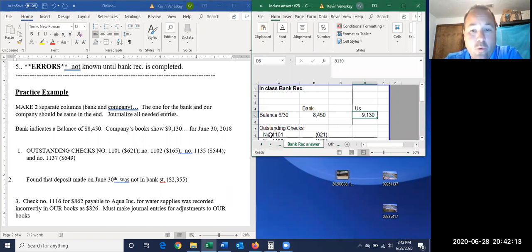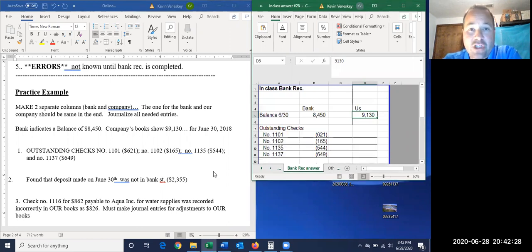And then put out here what check it is, so then in the next month, I can go back and see, oh, did this check actually go through? And if not, then it needs to go on the outstanding checks again. And then we need to do that for all 4 of the outstanding checks that we found. Each of these is going to be a negative on the bank's side because we need to pretend that the bank knows about it.